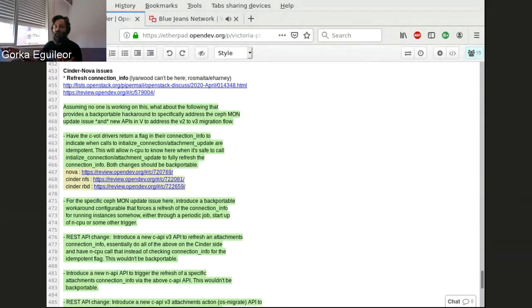RBD is asynchronous, so we wouldn't want it to work. So if you have synchronous, we can improve this for iSCSI. It's going to be a bit of work to make it happen, and it mostly would work for multipath, not if you don't have multipath.